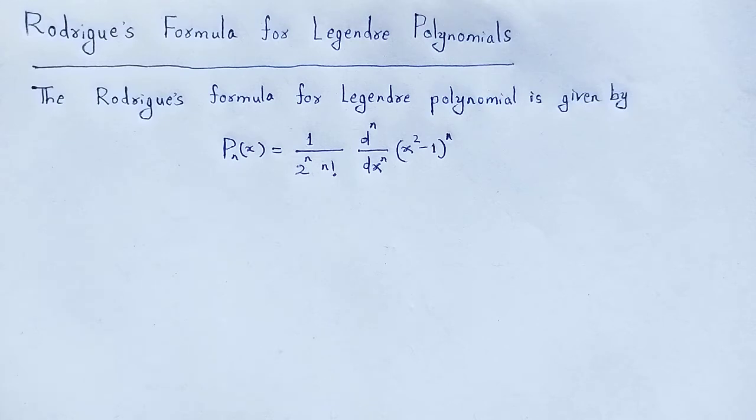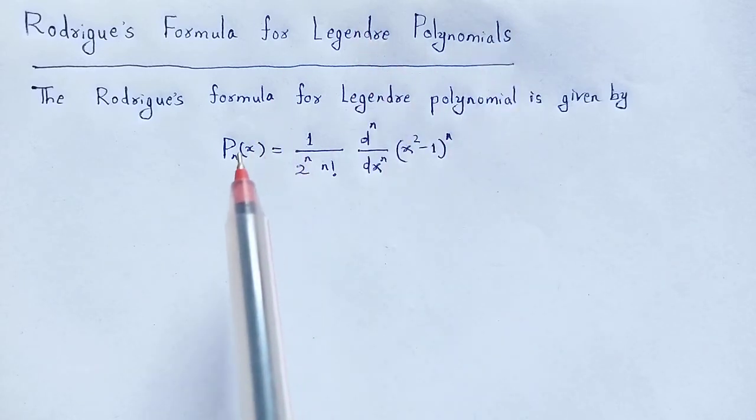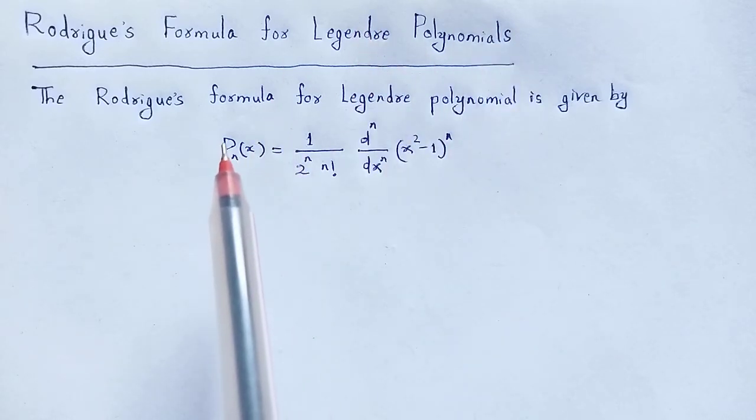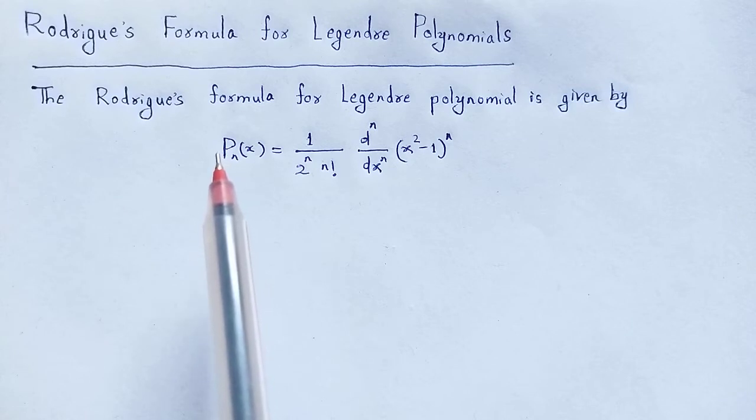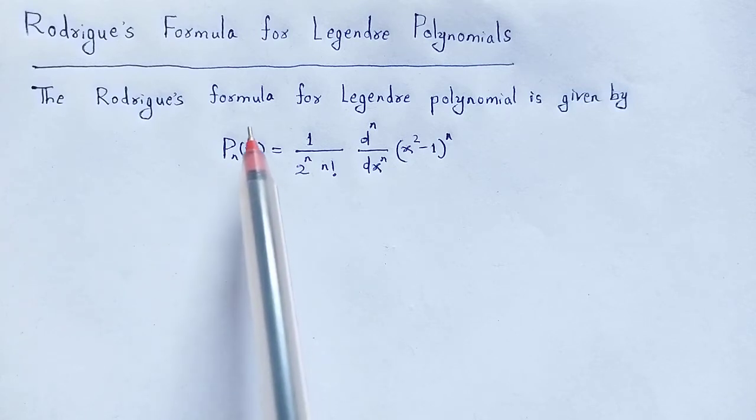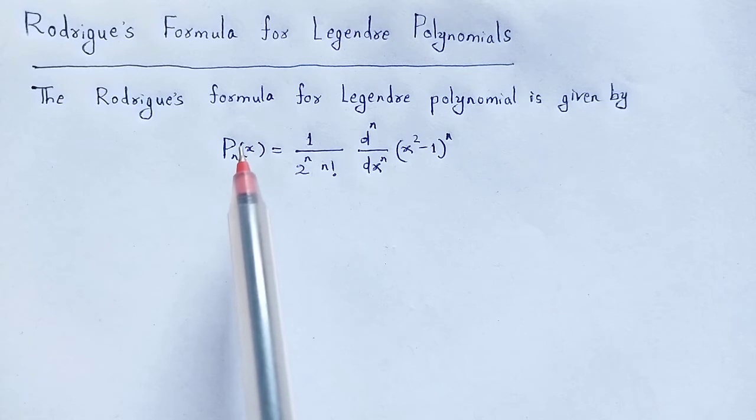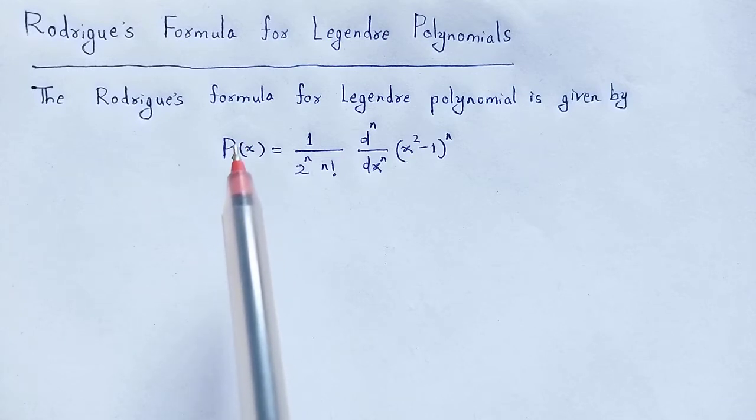Why is it necessary for Legendre polynomials? As the general solution of the Legendre differential equation, we have Pn of x, the Legendre polynomial, and it is written either in an ascending power series of x or a descending power series of x, but that is not a convenient way to find the Legendre polynomials very easily.